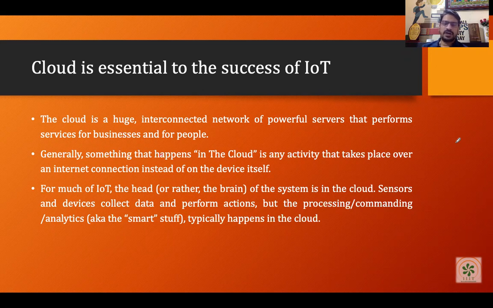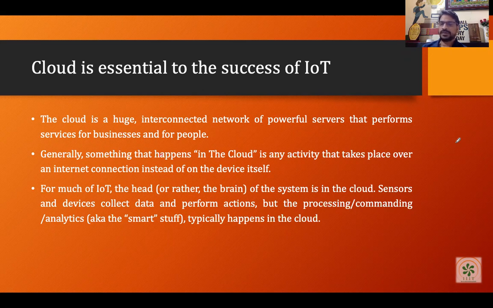For much of the IoT, the head, or rather the brain of the system, is in the cloud. It means that the data processing and the storage of data, as I told you, we do in the head, right?